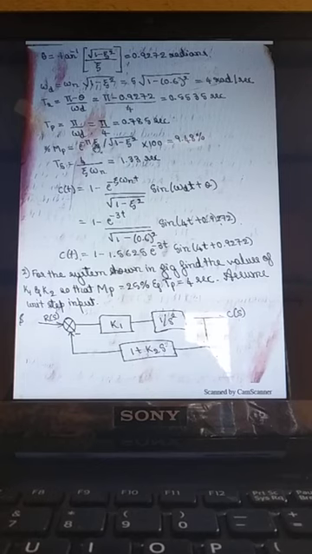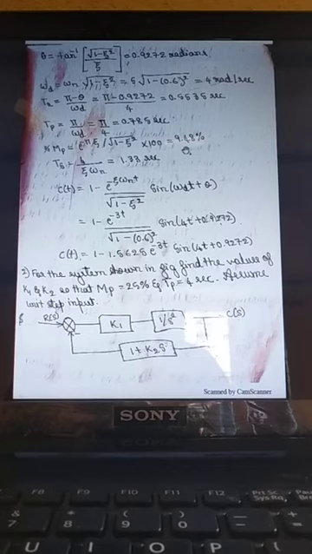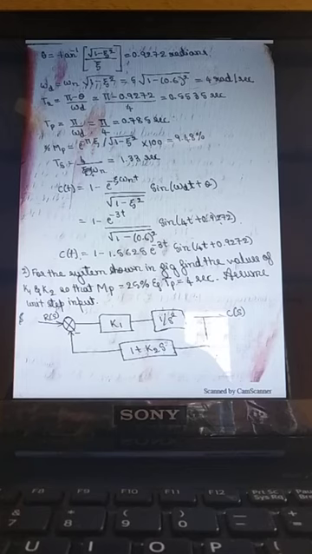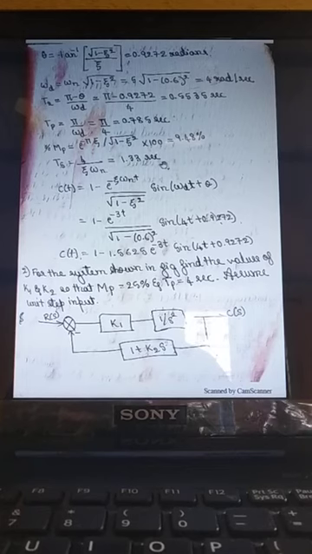If you substitute the value of zeta, you will get 9.48%. Next, TS is equal to 4 divided by zeta omega n. You know the value of zeta omega n. Substitute, you will get 1.33 seconds.